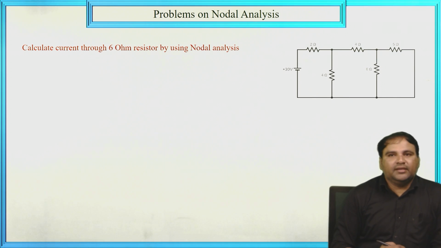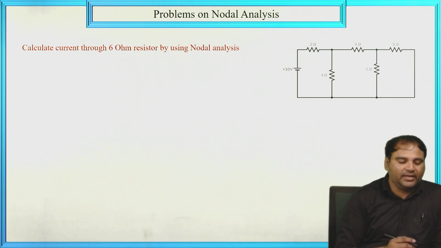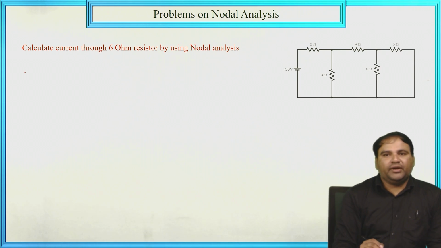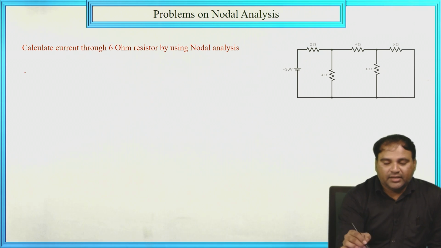Here I am taking one circuit. In that, a 30 volt voltage source is there, and 2 ohm, 4 ohm, 6 ohm, 5 ohm and 4 ohm resistors. First, we have to find the total number of nodes in the given circuit. Here we have two nodes.